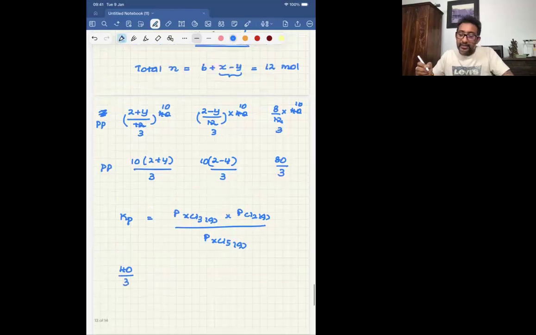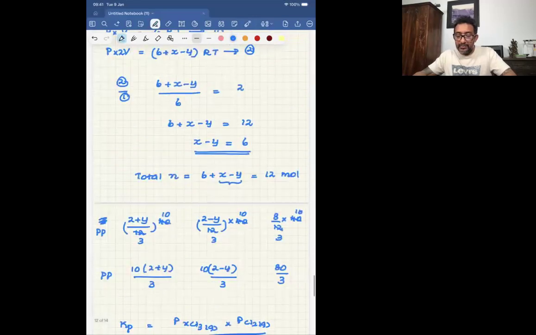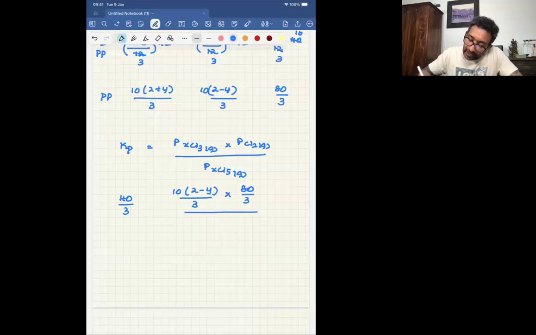Now let's substitute: 10 times 2 minus y over 3 multiplied by 80 over 3, divided by 10 times 2 plus y over 3.